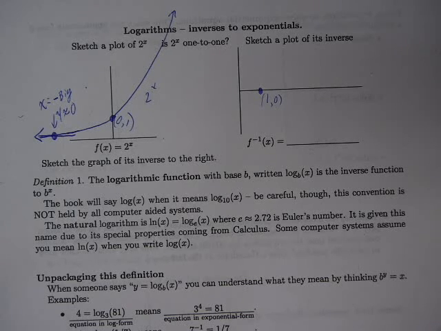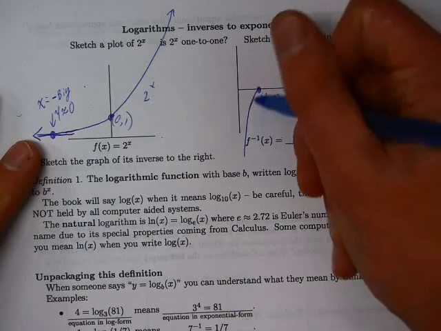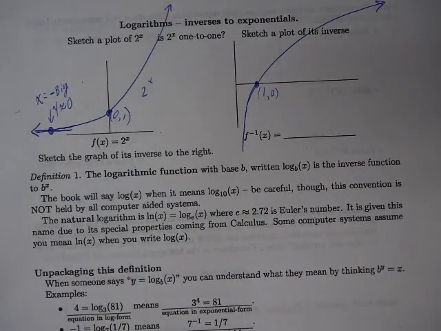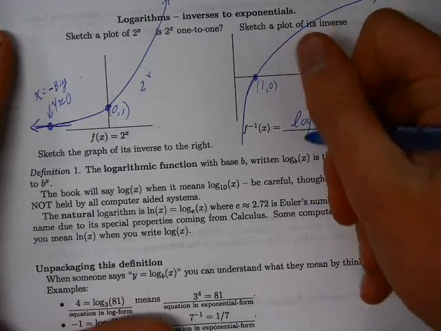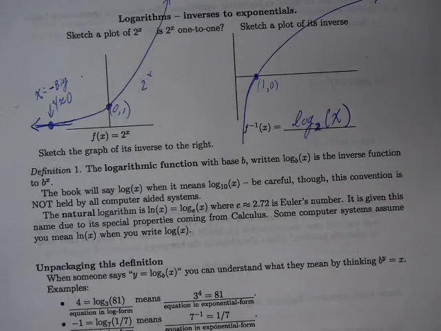We should see a point where the x coordinate is really close to 0, but positive, and the y coordinate is a very negative, very big number. Nice. So there's the graph of the inverse function to 2 to the x, which is just denoted as log base 2 of x. People feel okay?